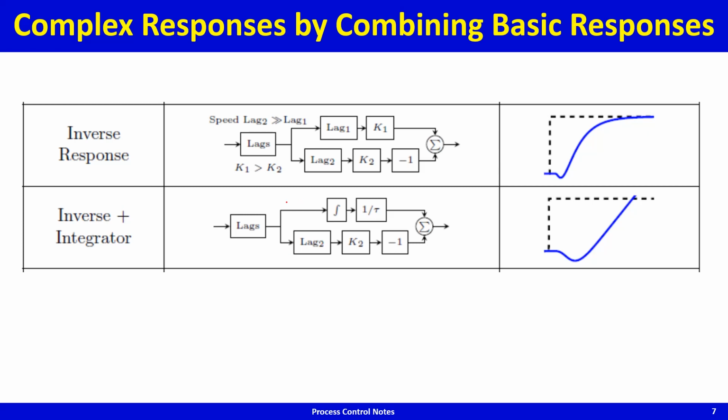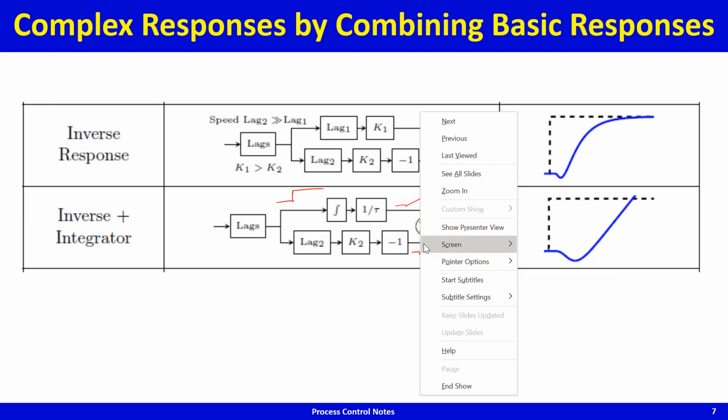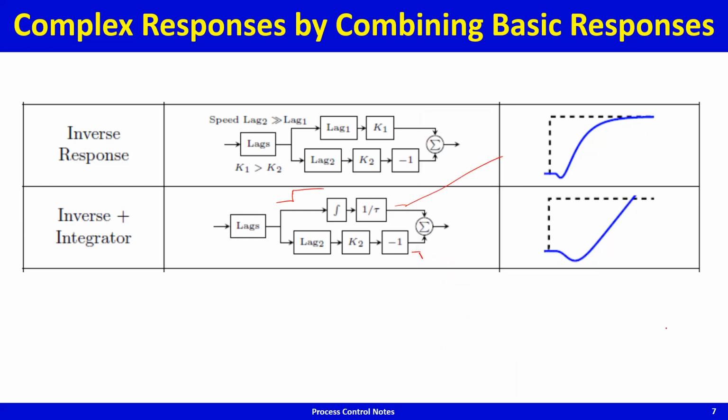So if this was a step, this would be a ramp, and the same step goes through this lag, so this signal would be a negative exponential, and when you add these two signals, what you get is something that goes like this.